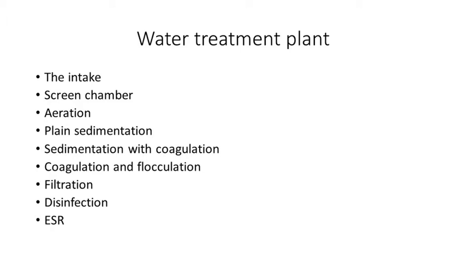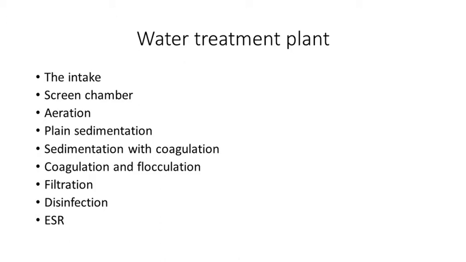So what is the function or purpose of the screen chamber? The screen chamber is used to remove the larger floating solids from the water. When that water comes in contact with coagulant, disinfectant, or chemicals, the floating matter obstructs the treatment method.